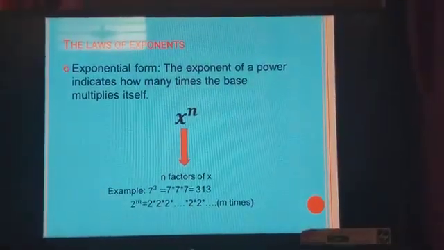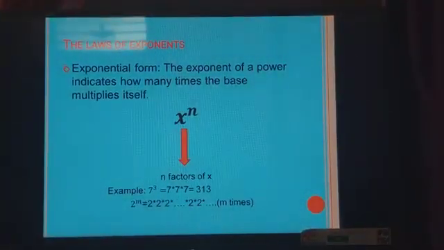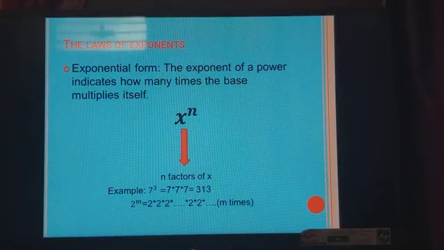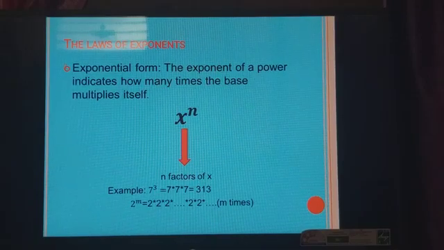In a very generalized way, we call this exponential form. The exponent of a power indicates how many times the base multiplies itself. For example, x raised to n means n factors of x.